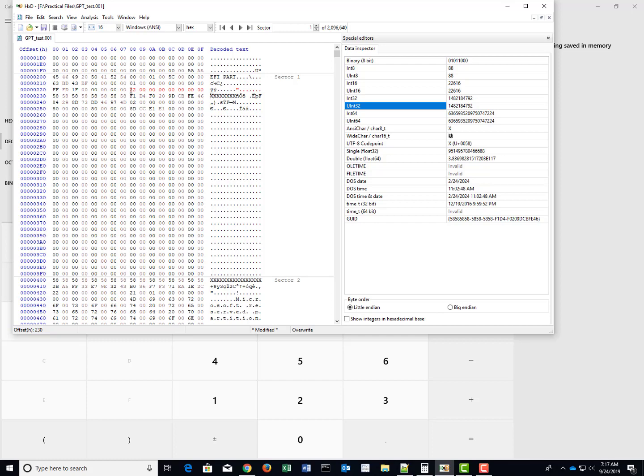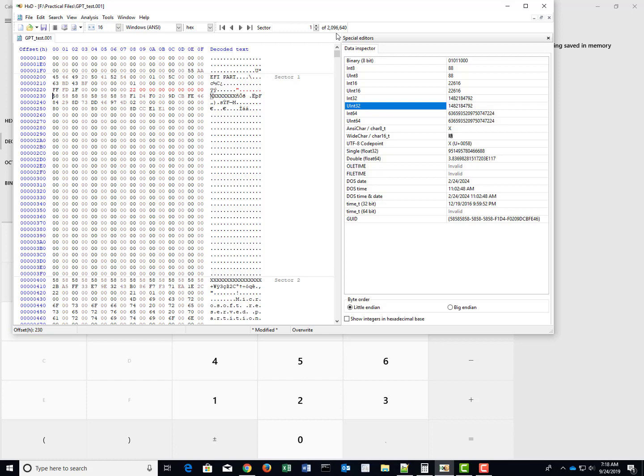Now the next bit of information it's asking for, again following the table on page 90, at offset 48 is the last sector for partitions. How do we figure that out? We know how many sectors are in the drive, so we're going to take this number minus 34. And how do I get at that?